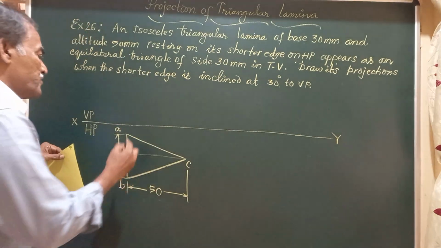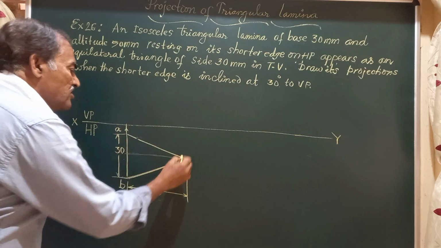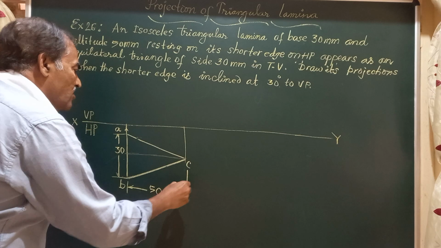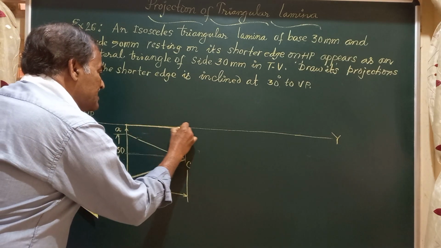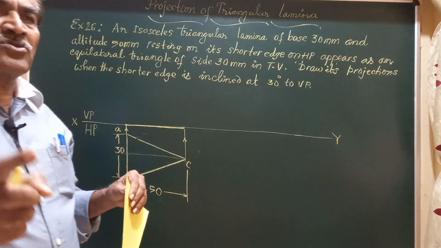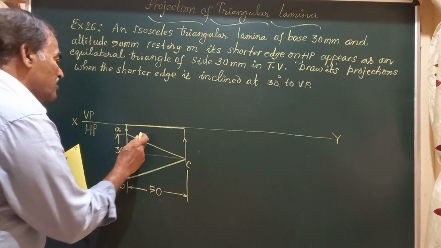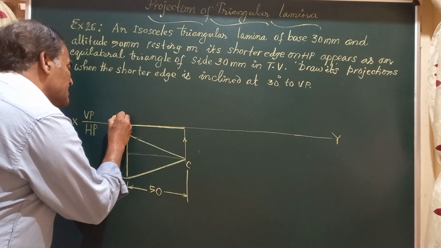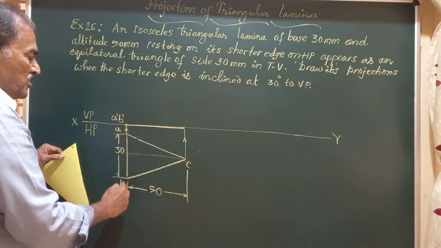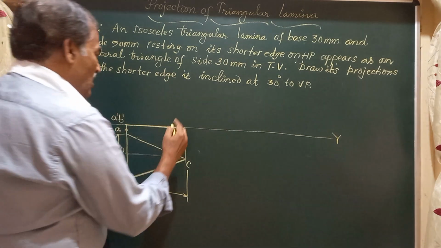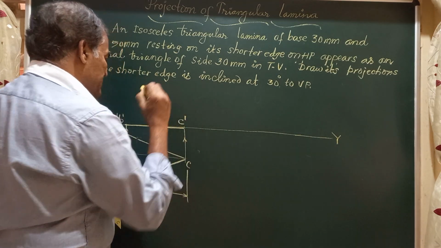So friends, I project the line from here. So I draw a line here and again a line from this corner upwards. So we are going to get a horizontal line on XY, that is the front view of this lamina. So I will call this A dash, B dash because both A and B lie on the same vertical line and this point is going to be the point C. I will call it C dash.